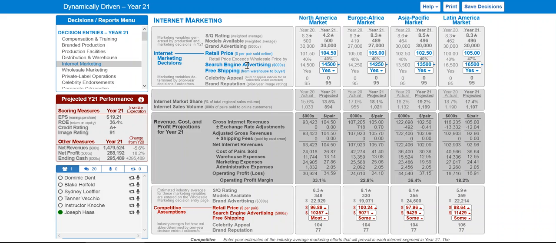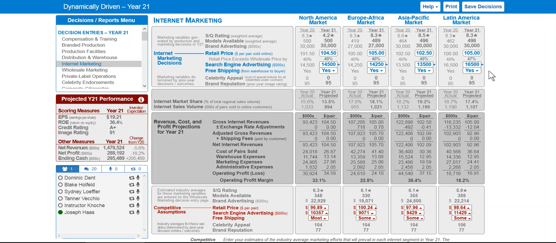And internet marketing just has really two options: advertising and free shipping. In most cases, we didn't do the free shipping, but in the final year, I think I offered it across the board just to try and increase demand.